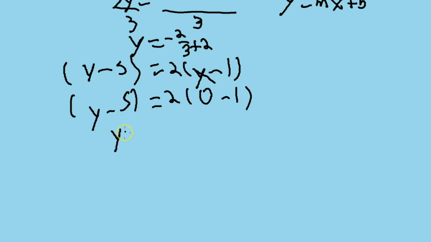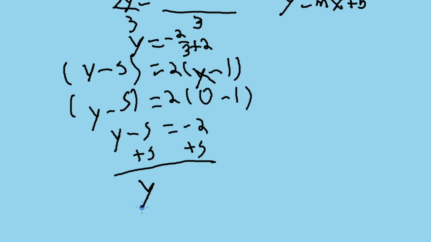And when we solve that out, y minus 5 equals negative 2, plus 5 on both sides, and y equals 3. That means that the y-intercept is 3 and the slope is 2. So y equals 2x plus 3. That is the same line as this.